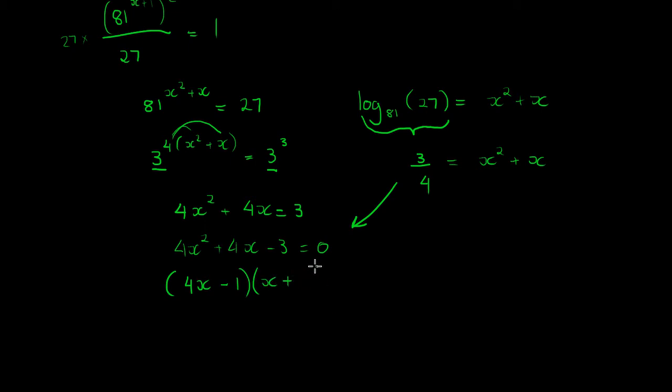Let me just verify. I'm going to keep this. One of them has to be a negative. I want the biggest one to be a positive 4. That looks wrong. I think this has to be a 3 as well.